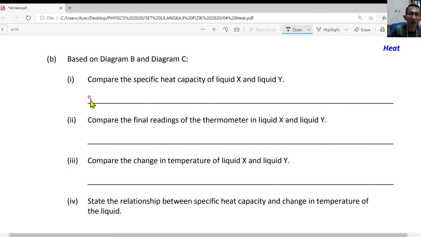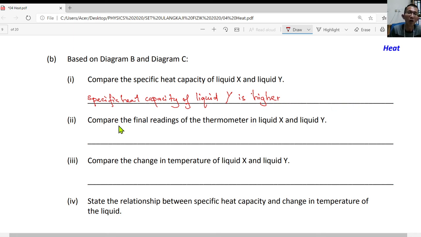So here is the specific heat capacity of liquid Y is greater, or higher. So the specific heat capacity of liquid Y is higher than that of liquid X.